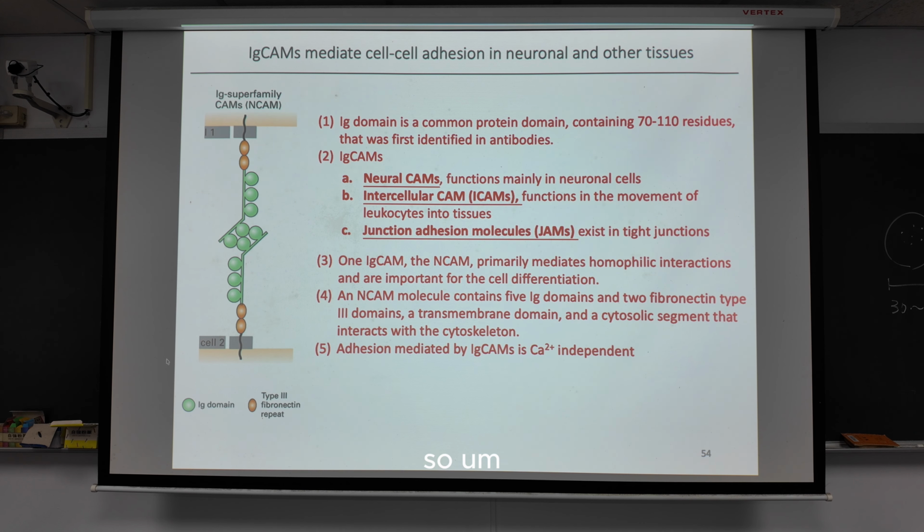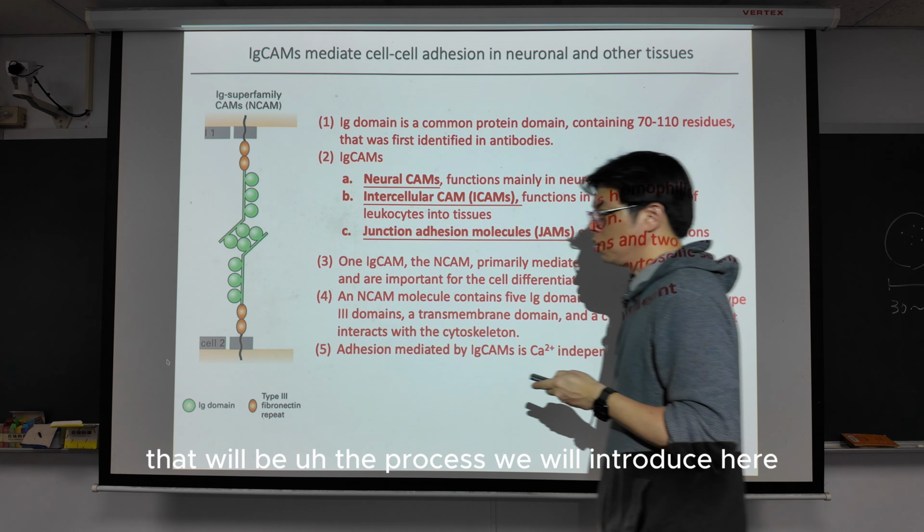So the blood vessel endothelial cells need to stop those immune cells through ICAM binding, and they will bind to the blood vessel and then go into the local tissue to trigger the downstream immune response. That is the process we will introduce here.